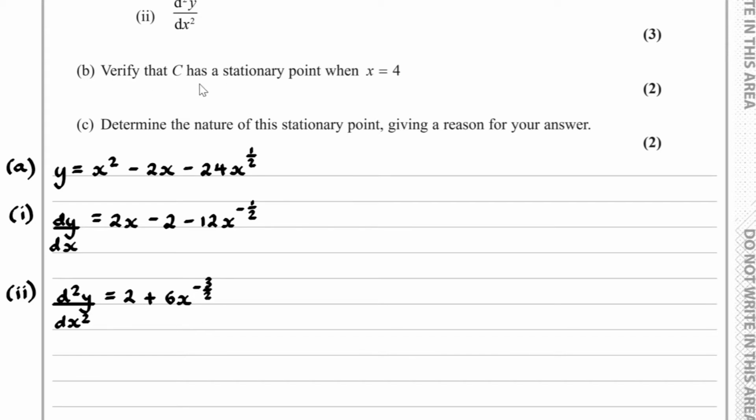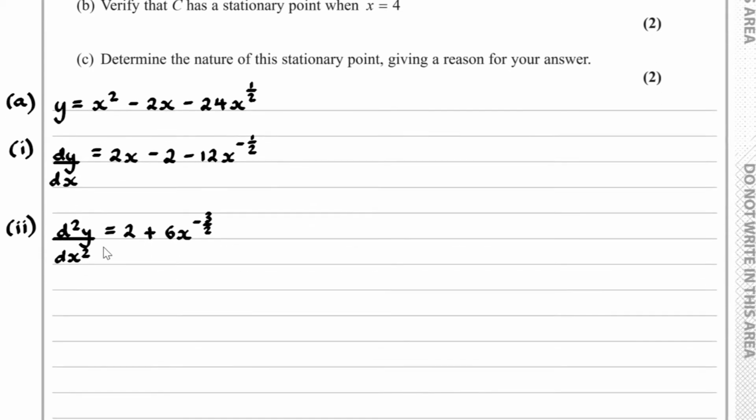Then we have to verify that C has a stationary point when x equals 4. Well, if we want to show that C has a stationary point when x equals 4, we need to show that the first derivative is equal to 0 when x is equal to 4.